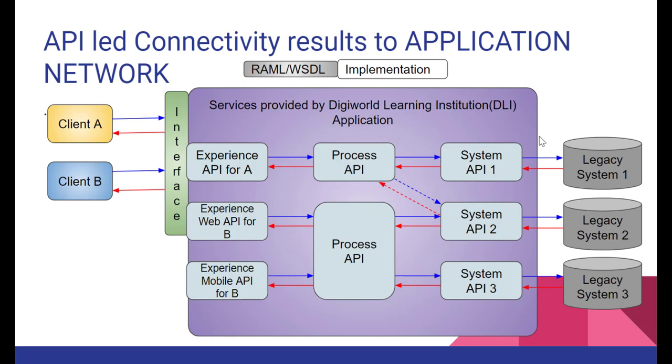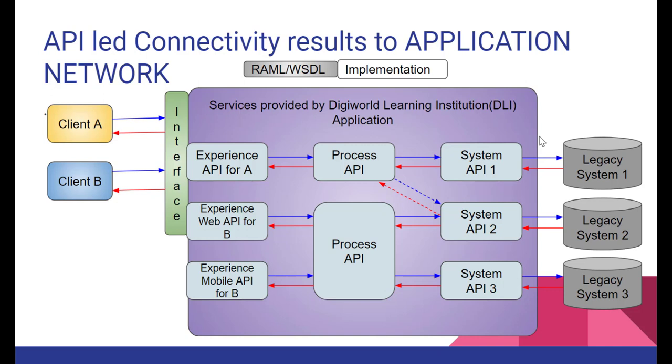If you see the application, the interaction with the application is happening via API, right? It is different kinds of API we have developed. Suppose there is application 1 which interacts with legacy system 1, and there is another application which is interacting with legacy system 3.